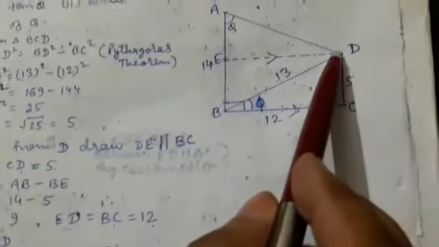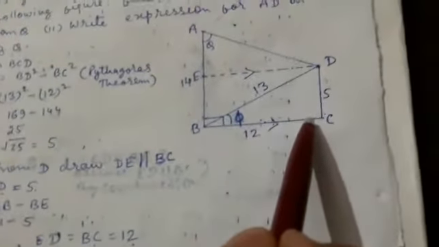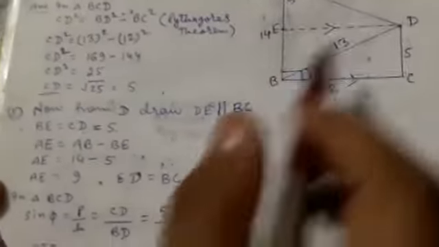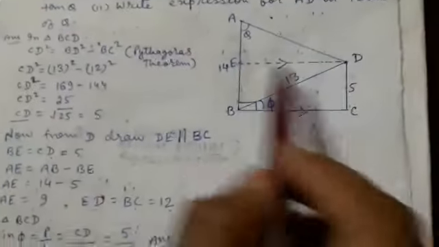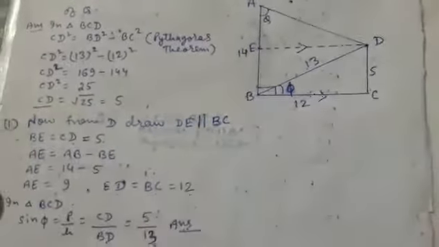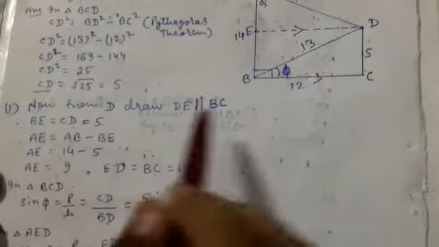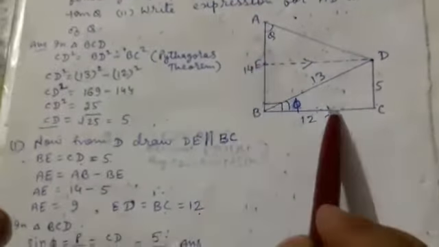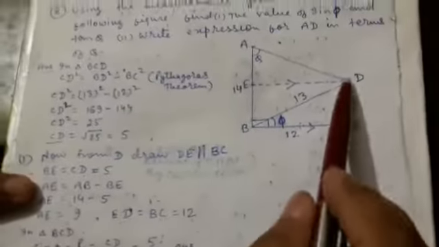Now from D we have to draw a parallel line. Draw DE parallel to BC. Now BE is equal to what? BE is equal to CD.